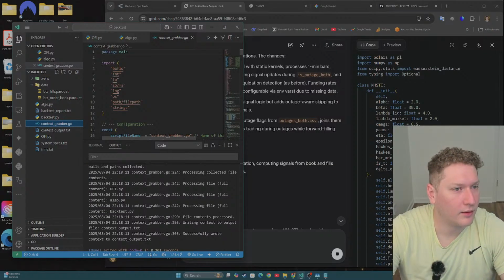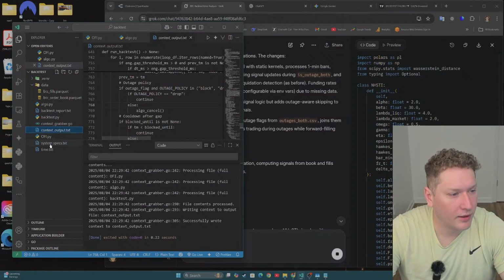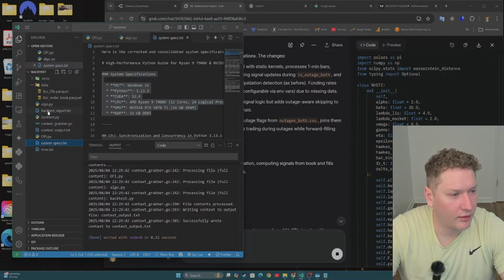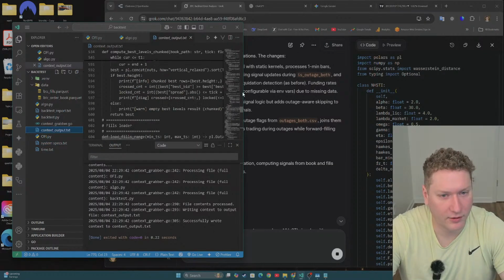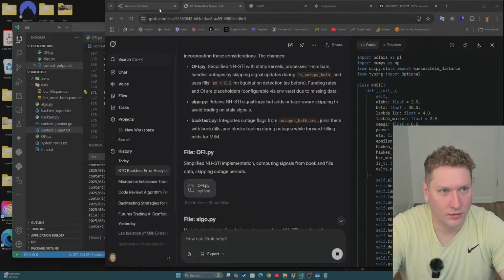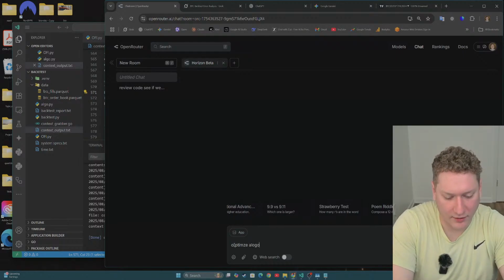Okay. I'm concerned that it's doing too much here. I am getting the context for Horizon Alpha. Let's go. We're going to go optimize algorithm.